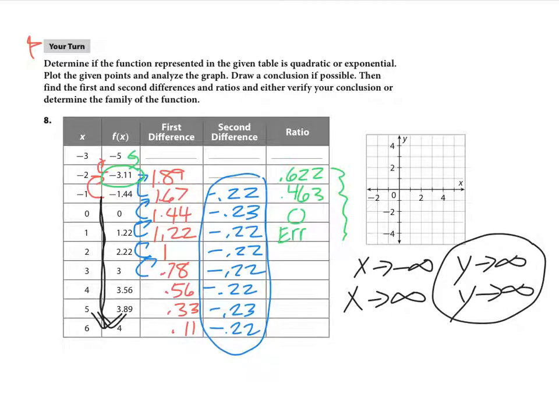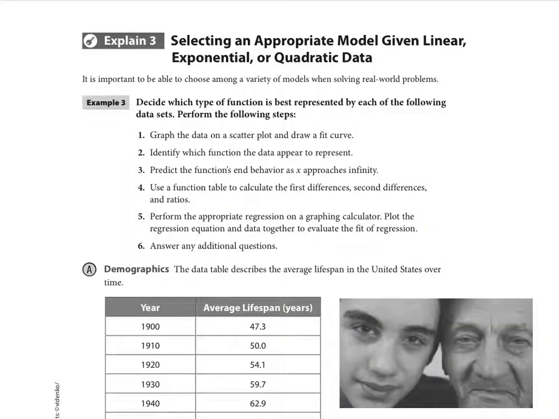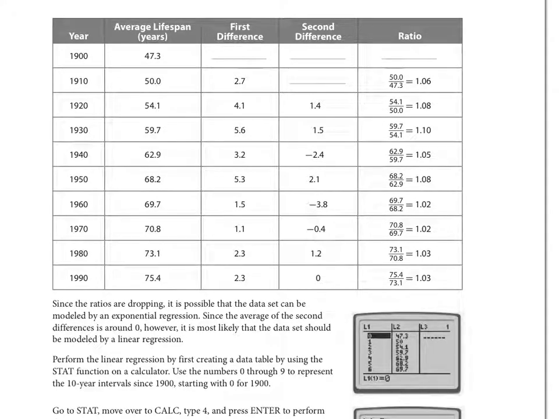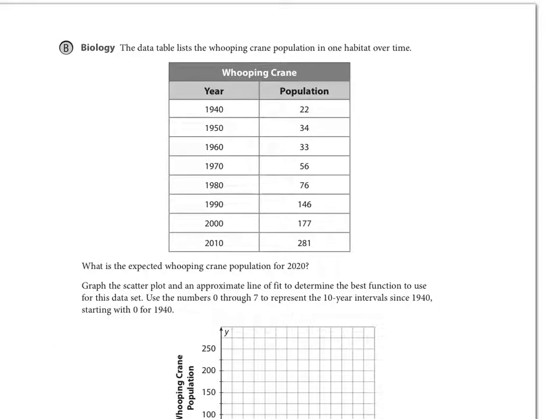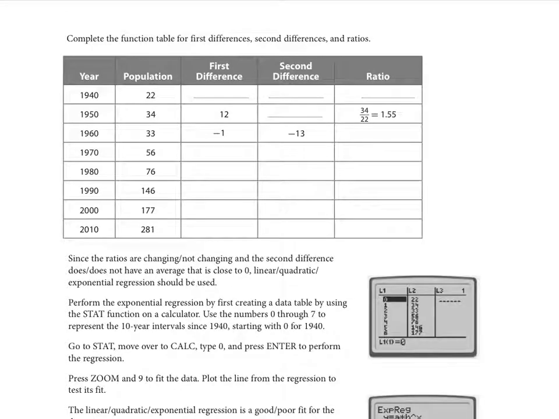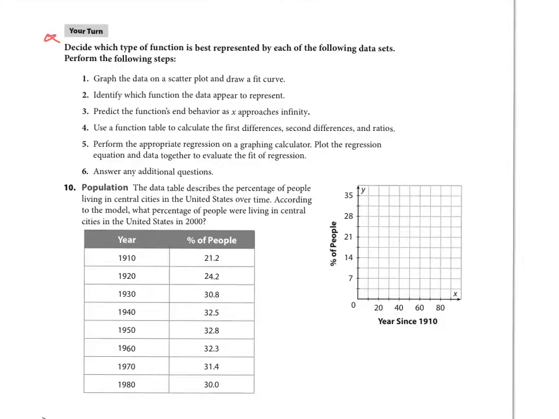Okay. So what we want to do next is we actually want to do this using a calculator. So I'm going to go to this next Your Turn problem, and we're going to use the calculator to help us come up with all this stuff. Okay. So what I want to do is type this data into the calculator.